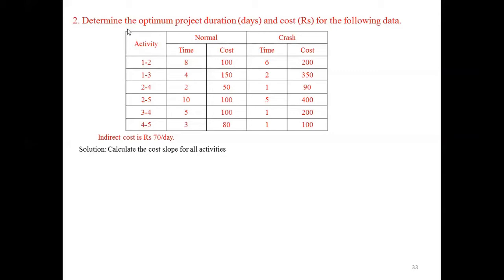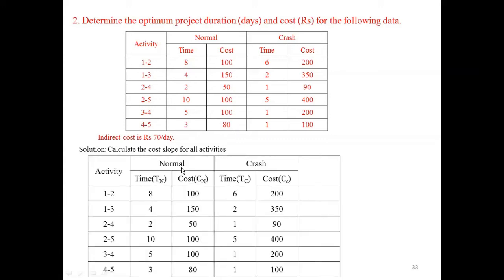Since they are given the normal time, normal cost, crash time, crash cost, you need to calculate the cost slope. To calculate the cost slope, whatever table they are given, you need to write the table as it is, where normal time is denoted by Tn, Cn represents normal cost, Tc represents crash time, and Cc represents crash cost or cost of crashing.